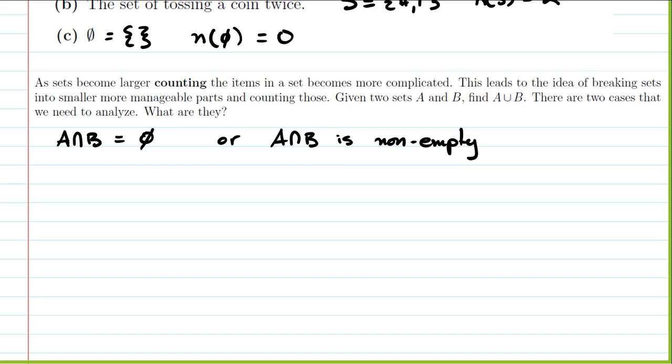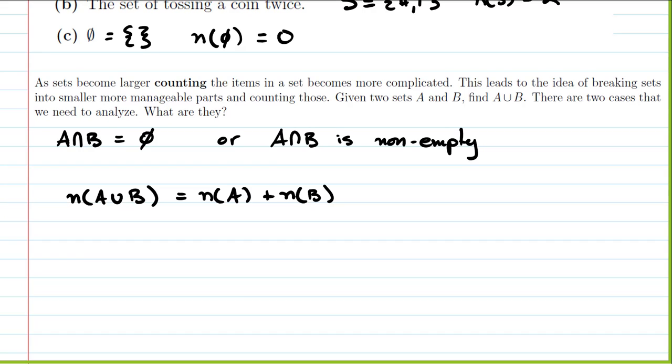So our possibilities really come down to these two things. If we had the number of things in A union B, we would like this statement to be true: that it's the number of things in A plus the number of things in B. Right?